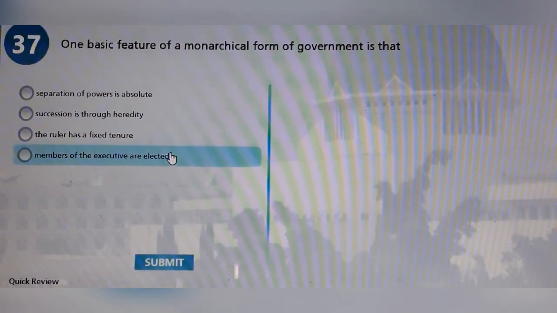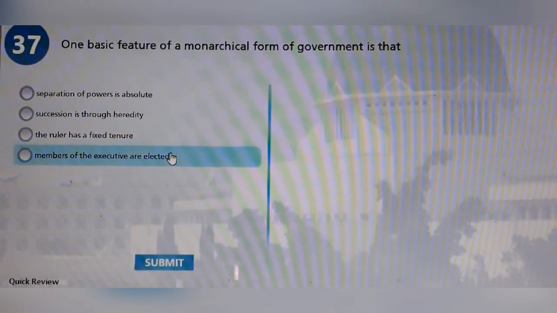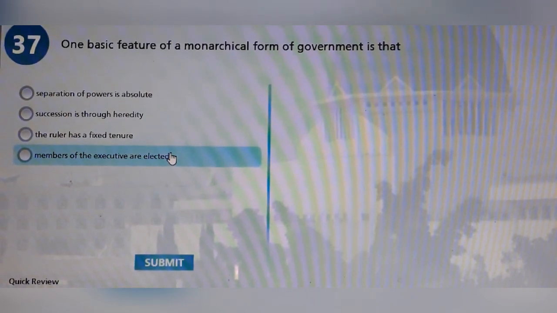Number 37 says, one basic feature of a monarchical form of government is that A. separation of powers is absolute, B. succession is true heredity, C. the ruler has a fixed tenure, D. members of the executive are elected. So what among all these options is a basic feature of a monarchical form of government?